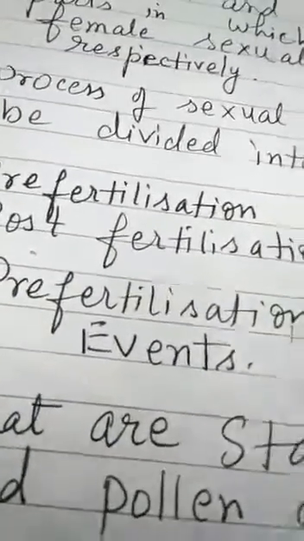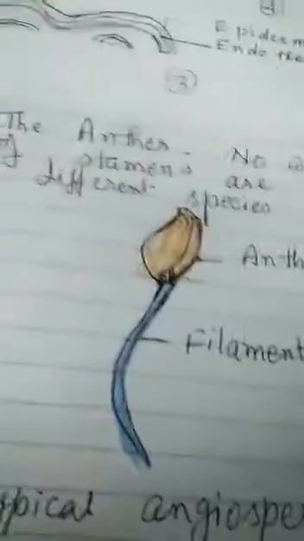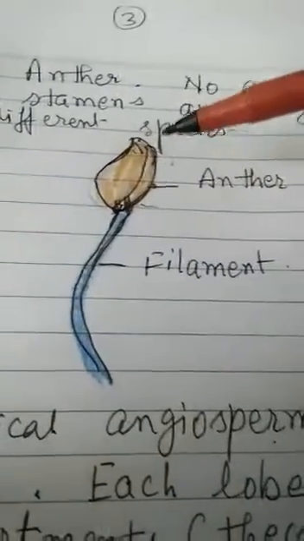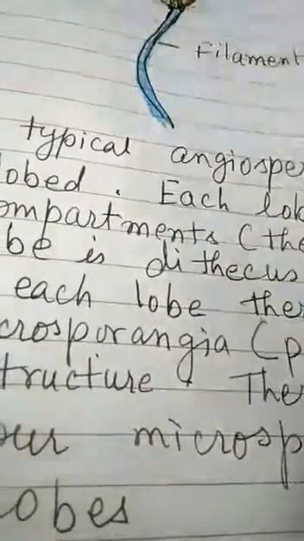Now, pre-fertilization events: first of all, how the male gametes or microspores or pollen grains are formed. Where are they formed? The question arises. So I told the students, in the anther, the pollen grains are formed. Anther has 2 lobes, and each lobe is divided into 2 compartments.